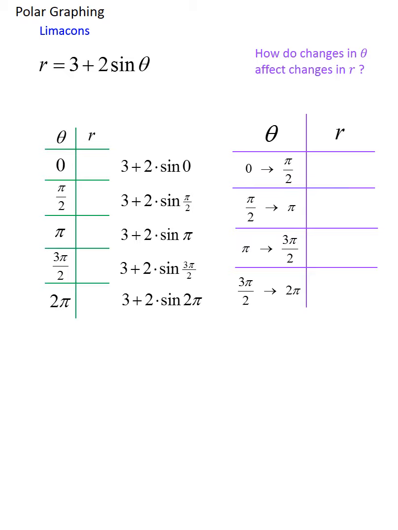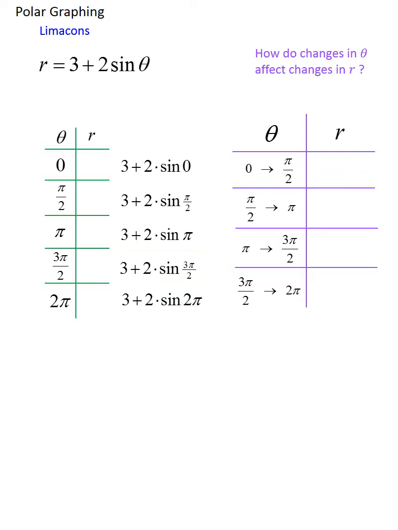Now if it's been a while since you've done trigonometry like this, let's just look at one in particular. Taking this one here, figuring out the sine of 3 pi over 2 as the y-coordinate on the unit circle, that would be negative 1. And then some simple algebra shows that I have an r value of 1 when theta is 3 pi over 2.